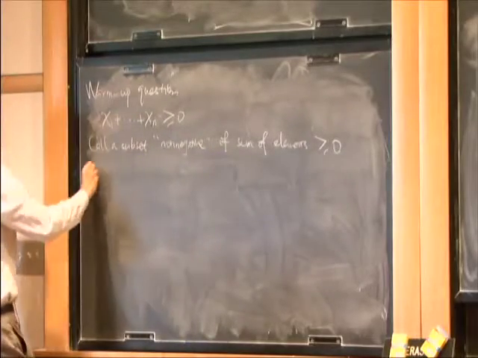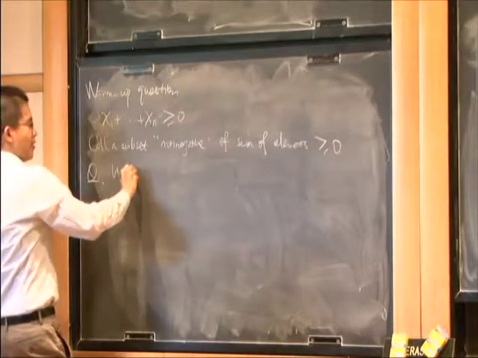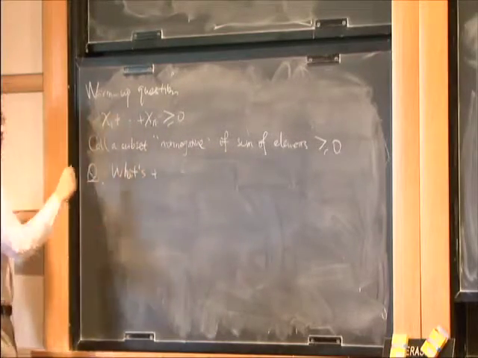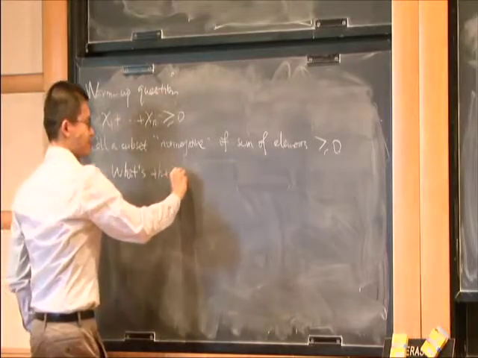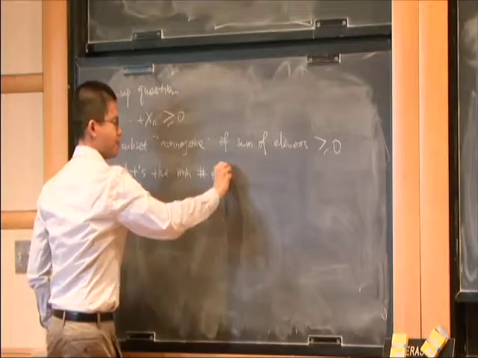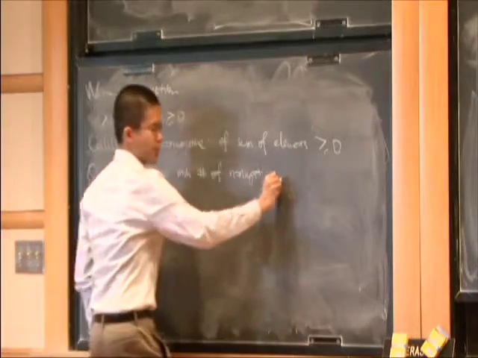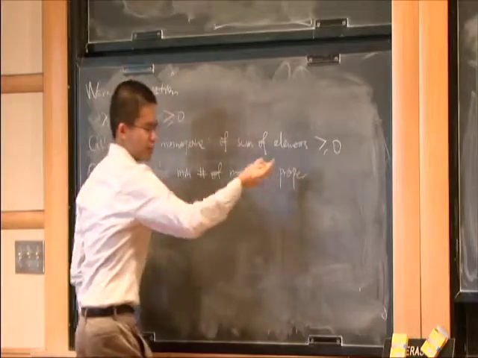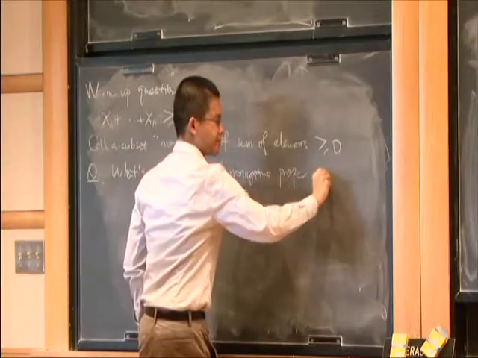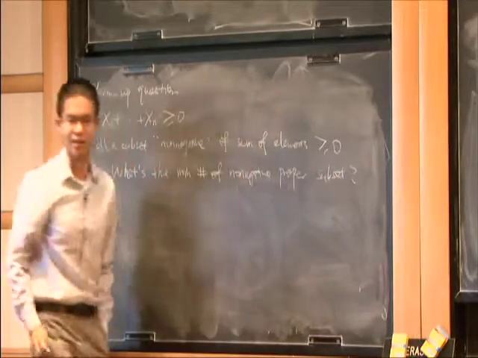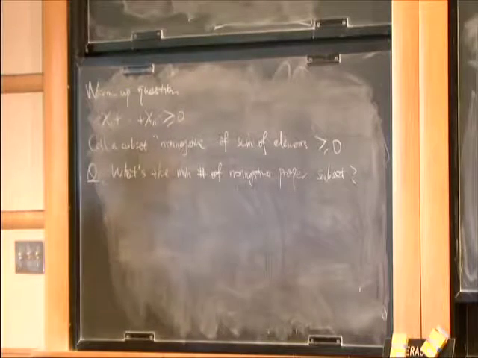Now the question is, what's the minimum number of non-negative subsets? Actually, here I need a subset to be proper, so basically, I want to exclude the empty set.